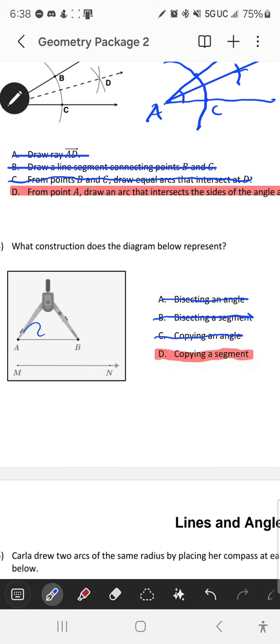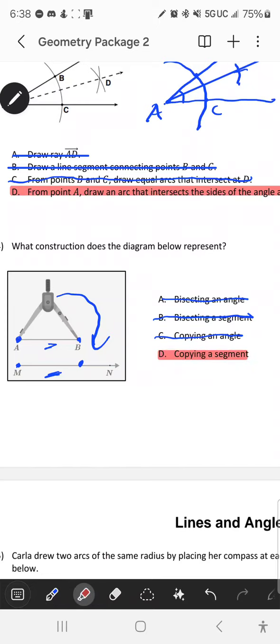Copying a segment, because what we are doing is measuring the distance from this point to this point, from A to B, and then placing this compass here and getting the distance from M to B prime, I will say. Basically this segment is equal to this segment, so that's the reason it does make sense.